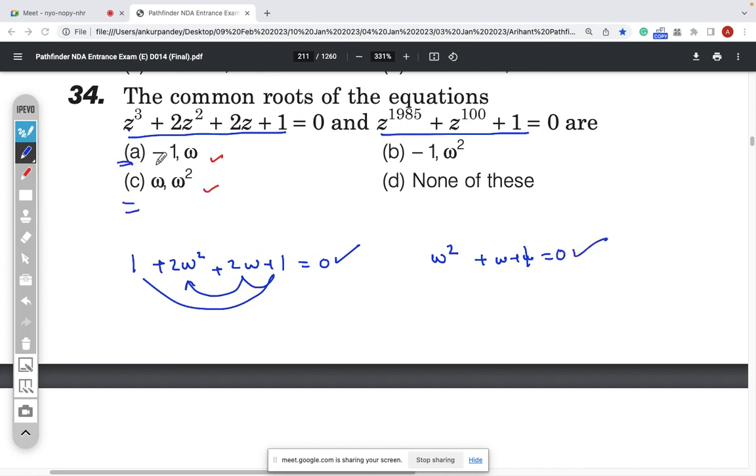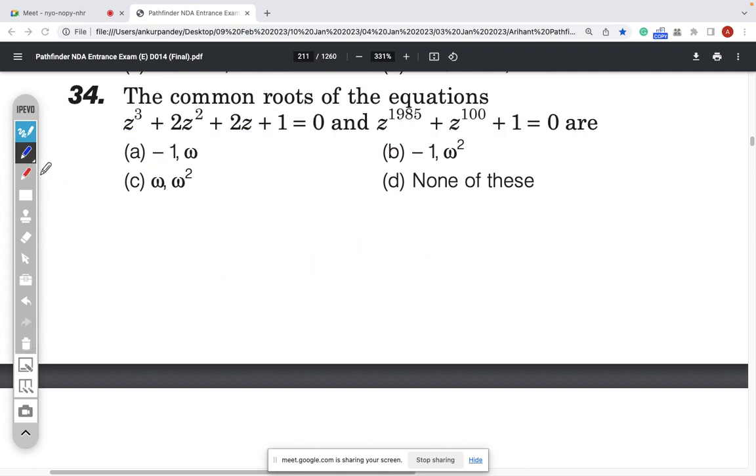Now you have to verify whether minus 1 satisfies or not. I can check for omega square, but it will take time. Hence I, as a smart person, would prefer checking minus 1. Karo. Minus 1 to the power 3 is minus 1, plus 2 minus 2 plus 1 is coming 0.